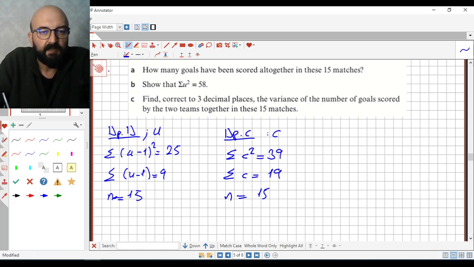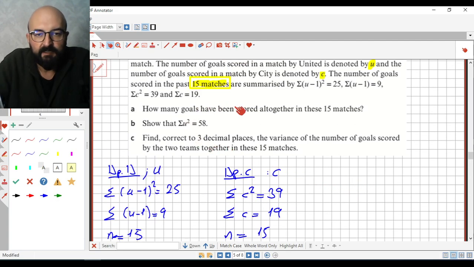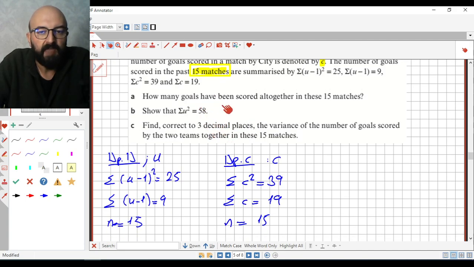And now they ask us a question: how many goals have been scored altogether in these 15 matches?